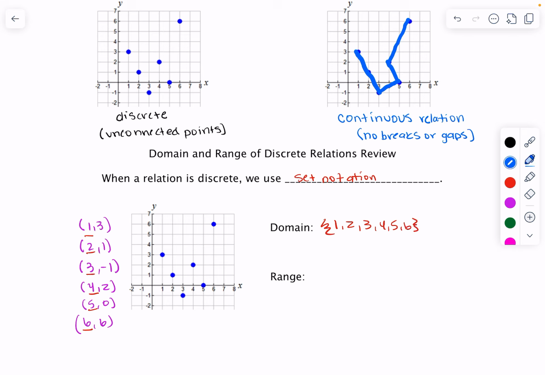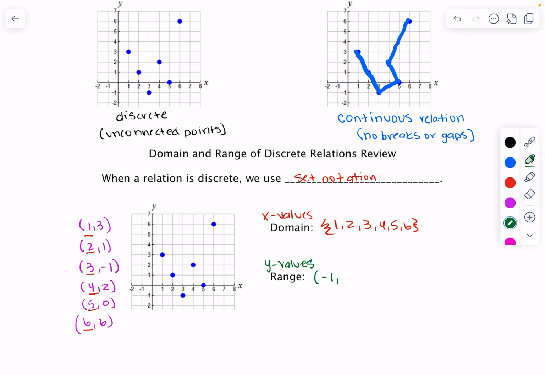And then the range is my y values. Remembering that the domain is your x values, the range is my y values, which is negative 1.